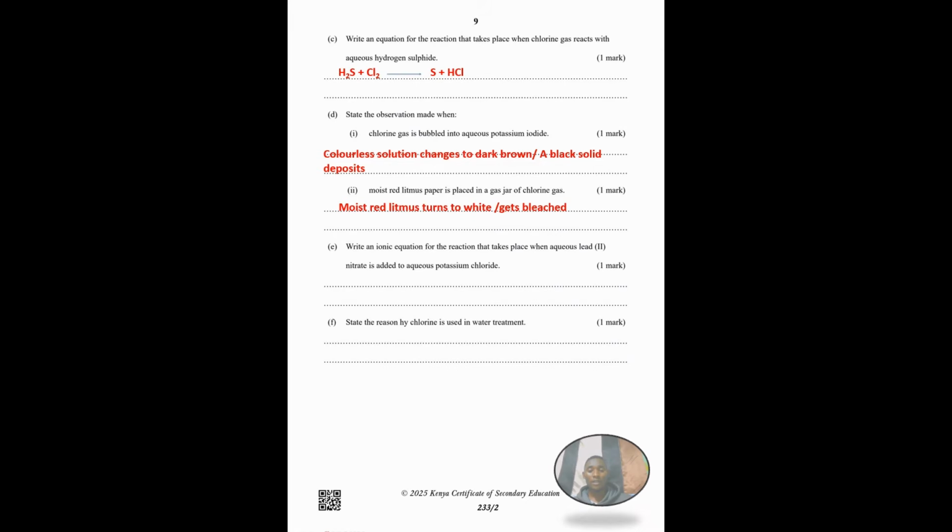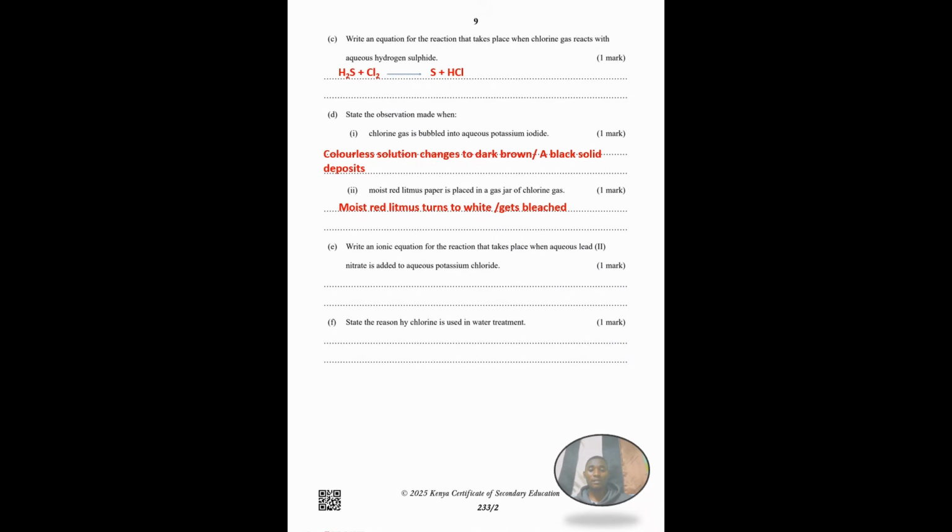In this case, aqueous lead(II) nitrate reacting with potassium chloride, there will be precipitation taking place, noting that lead chloride is insoluble, therefore it will lead to formation of a precipitate.